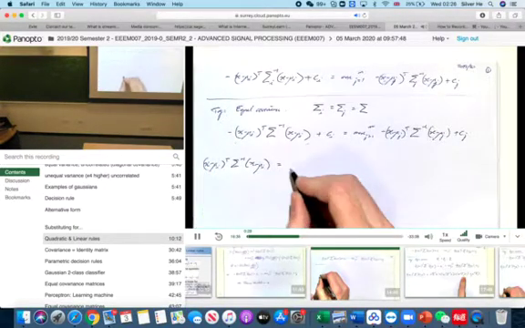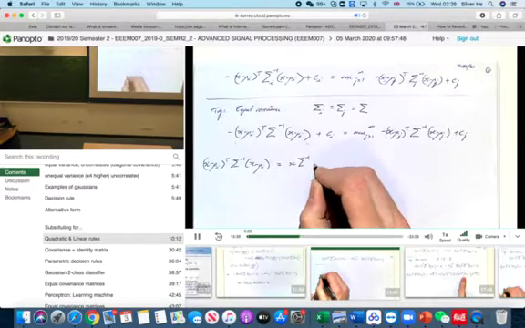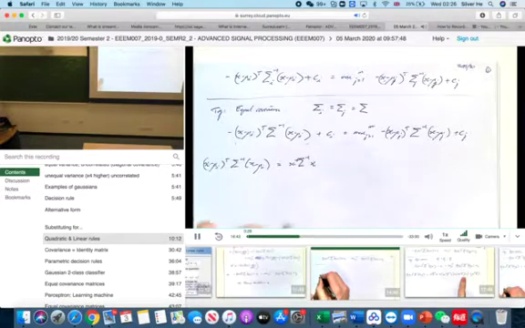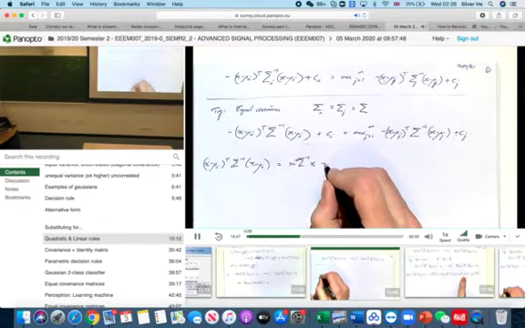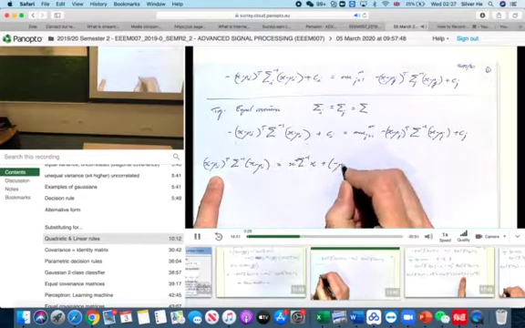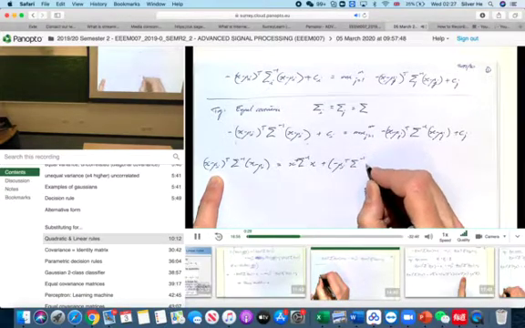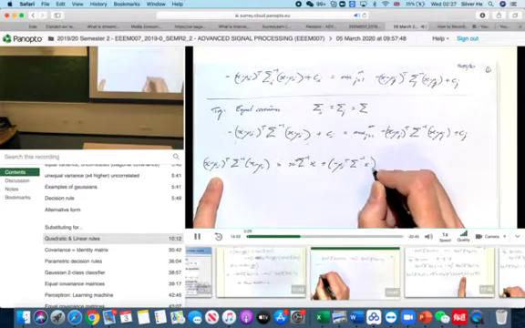So we've got x transpose sigma to the minus 1, x, choosing the first two terms of this, plus minus mu I transpose sigma to the minus 1, x.